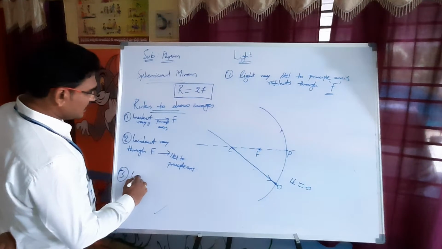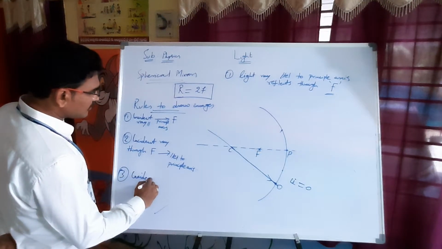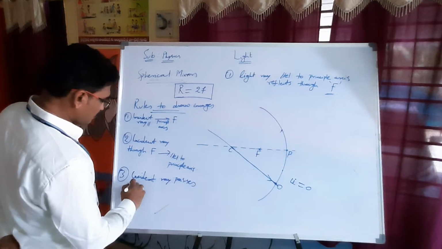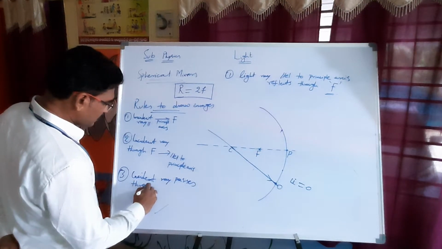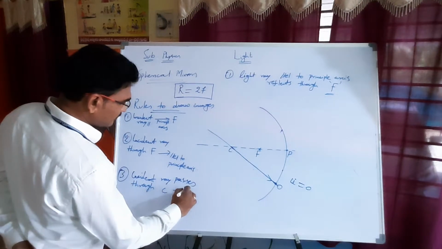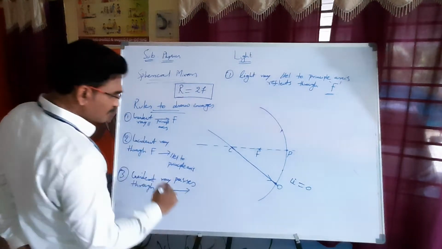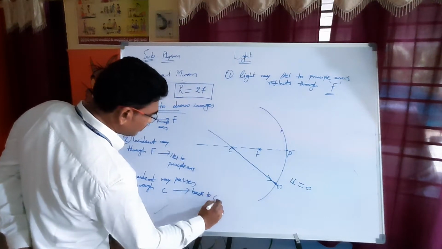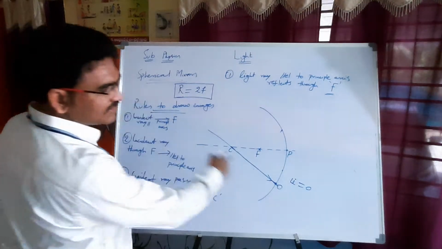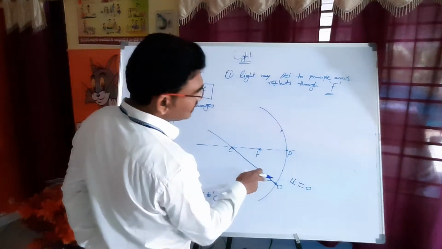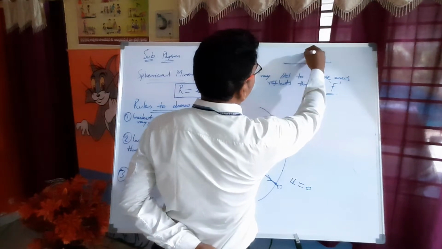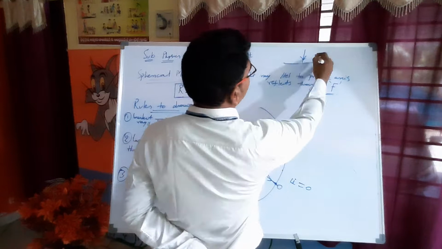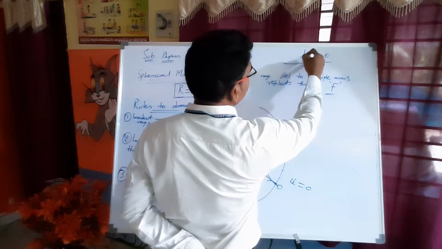Now the incident ray passes through C, so it reflects back through C. As the angle of incidence is 0, even in a plane mirror, when a light ray is incident perpendicular to the surface, the angle of incidence is 0, because this is the incident ray and this is the normal.